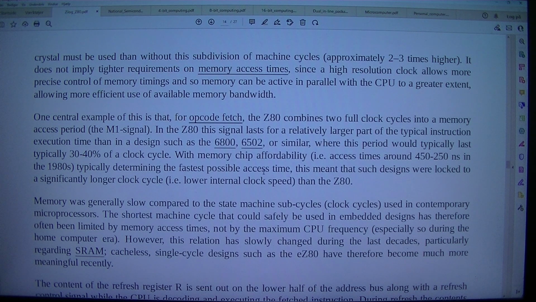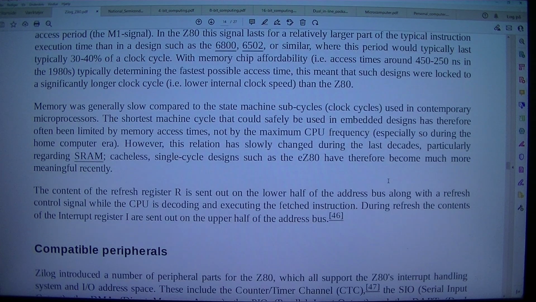With memory chip affordability, i.e. access times around 450 to 250 ns in the 1980s, typically determining the fastest possible access time, this meant that such designs were locked to a significantly longer clock cycle, i.e. lower internal clock speed, than the Z80.